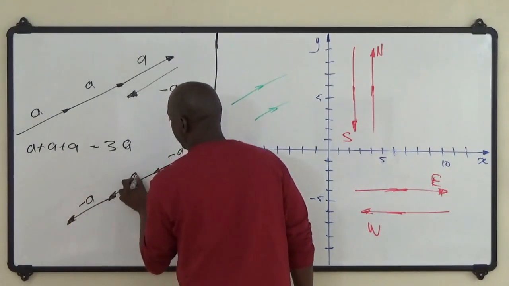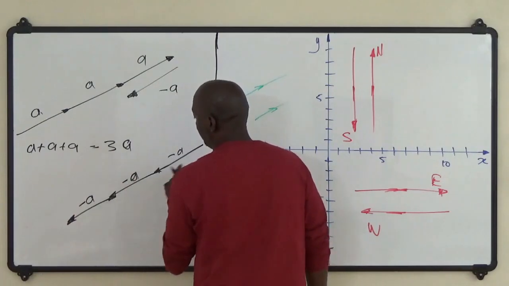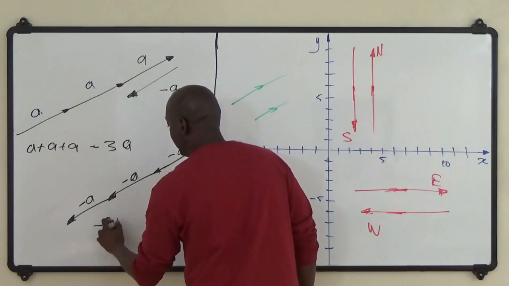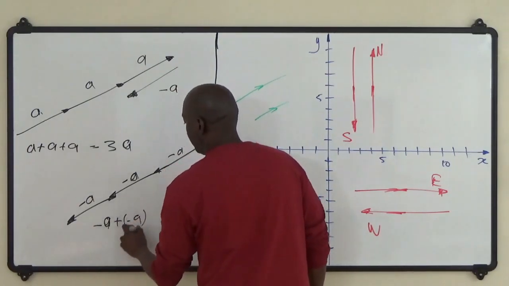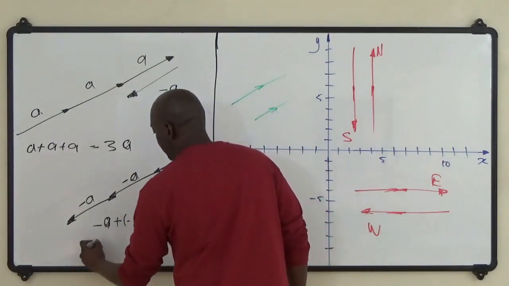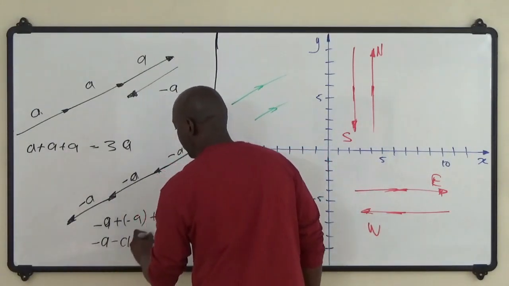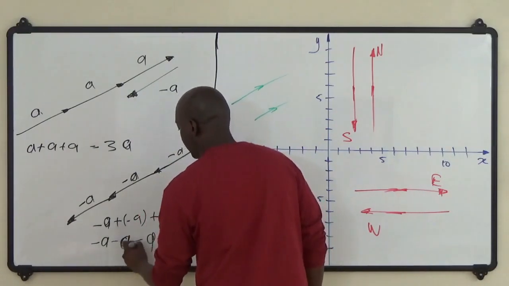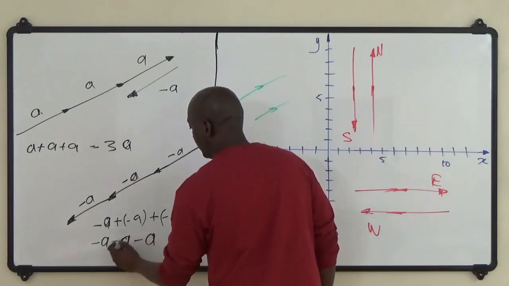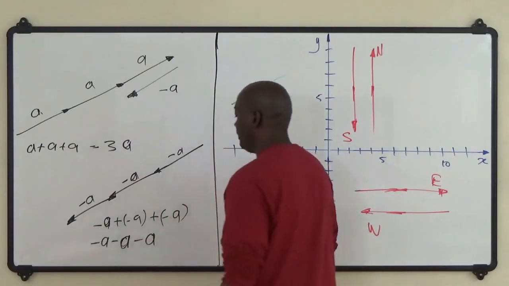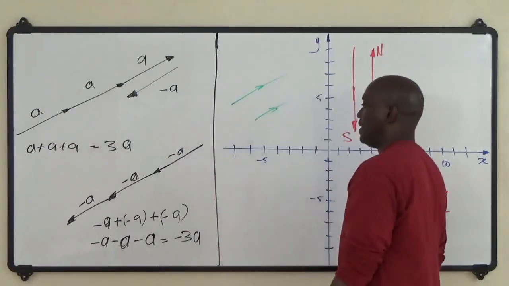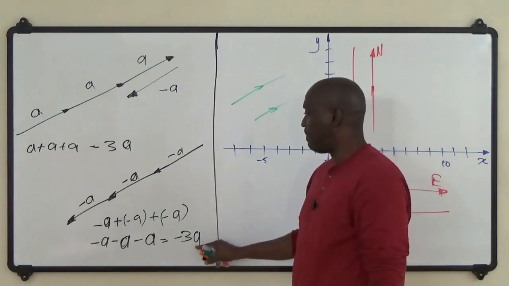That's minus A. So let me say plus minus A. Right? Because you go in minus, it will end up as minus A, minus A, minus A. Which is the same thing as minus 3A. So in other words, you now have minus 3A.